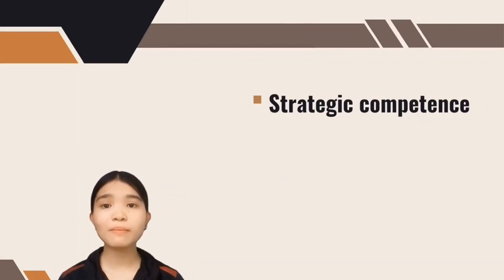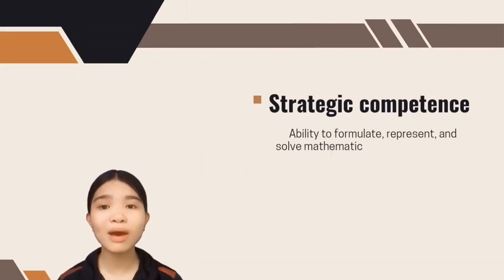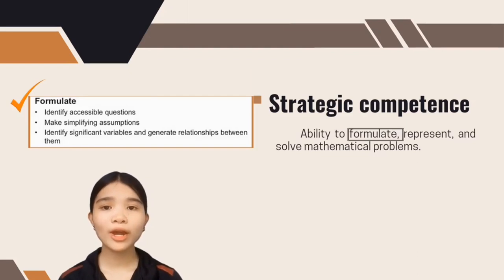When faced with a mathematical problem, students who are strategically competent have the ability to formulate mathematical problems, where they identify accessible questions, make simplifying assumptions, and identify significant variables and generate relationships between them.